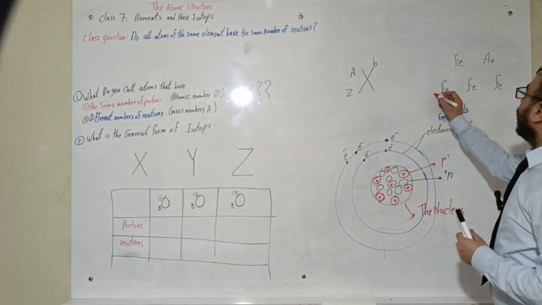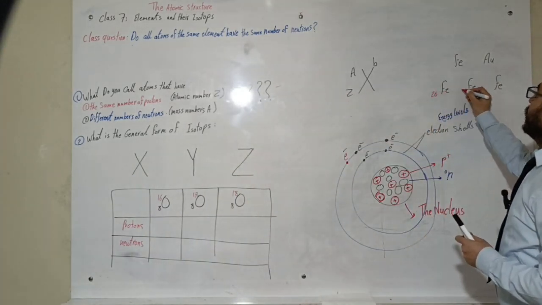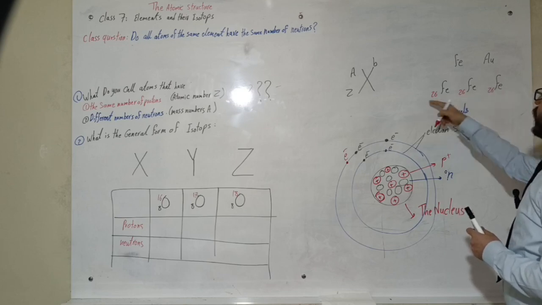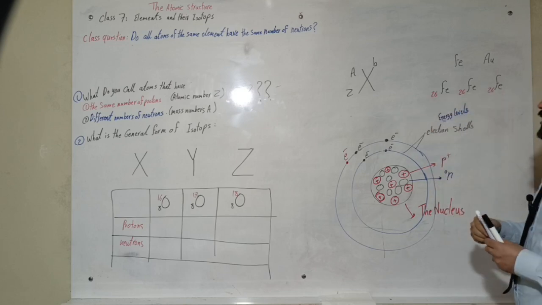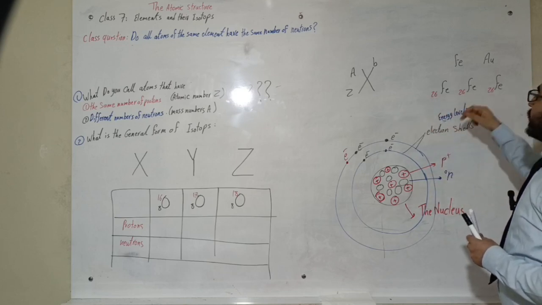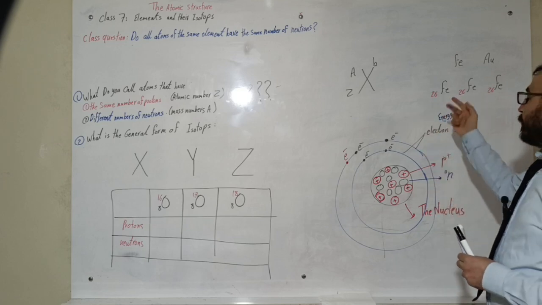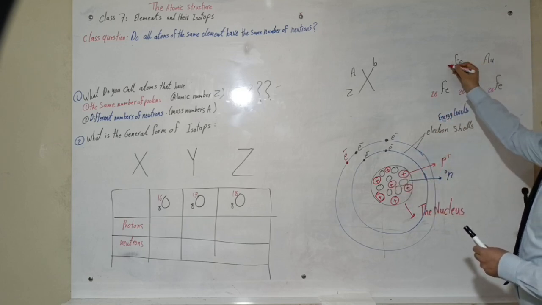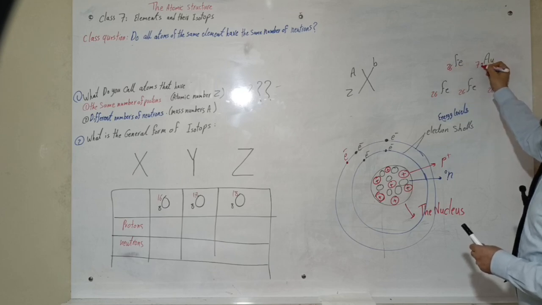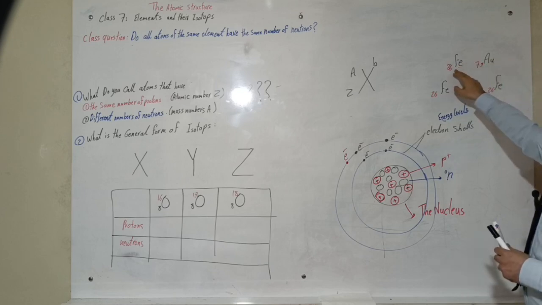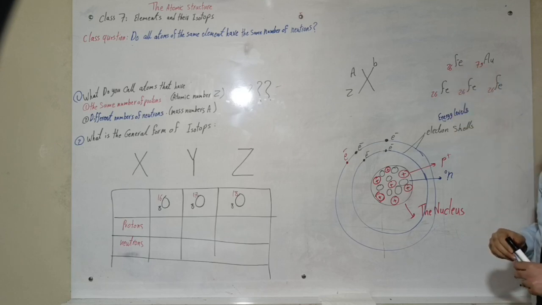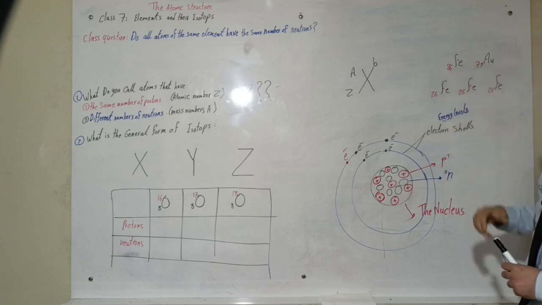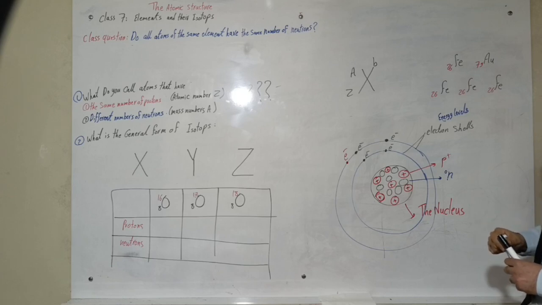We talked about iron, and we said that all iron atoms in the world have 26 protons inside their nuclei. And then we compared iron with gold, and we said that gold is different from iron because every one of them has its own number of protons or its own atomic number.